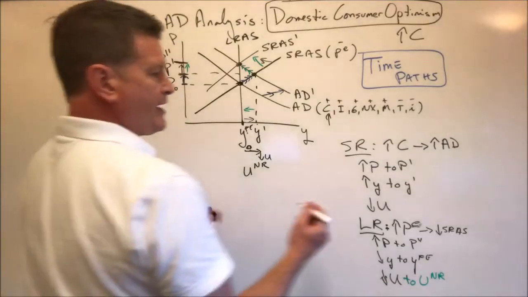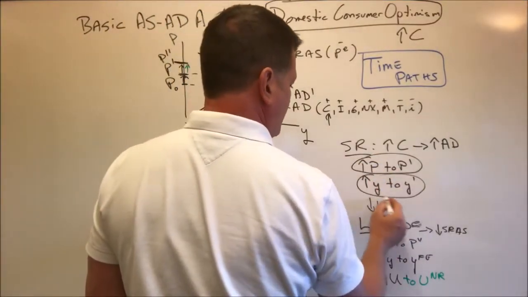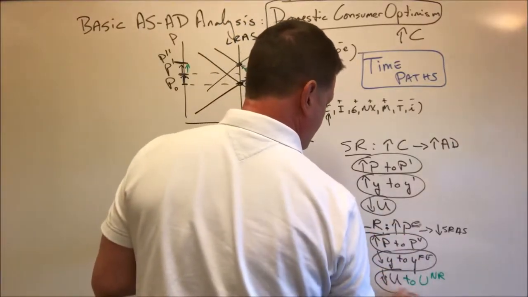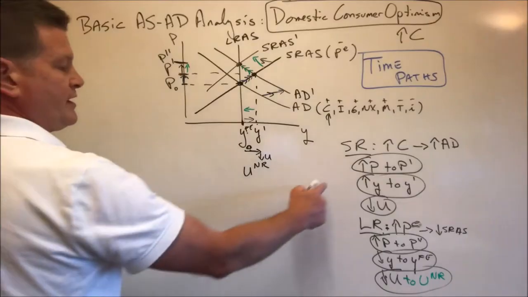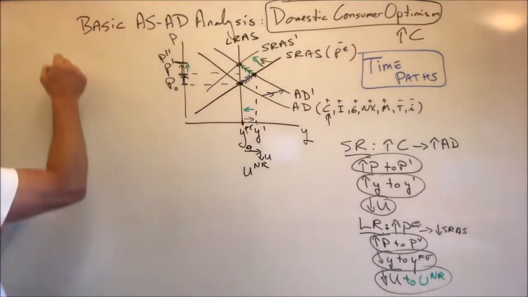First of all, the time paths are simply going to be drawing all of these things, okay? So we need a graph for price level, output, and unemployment.